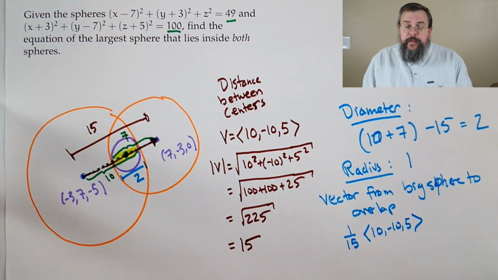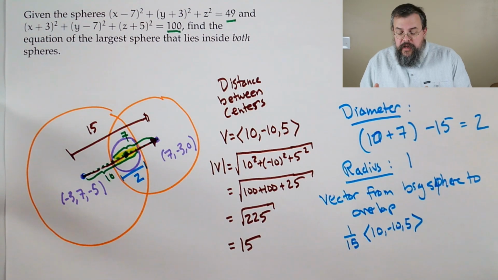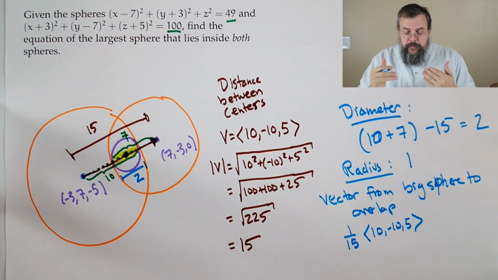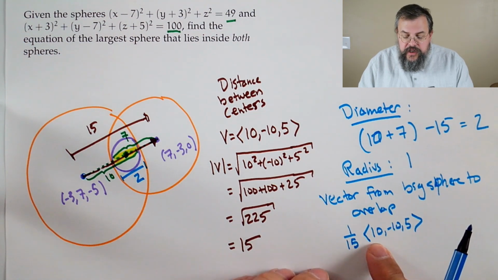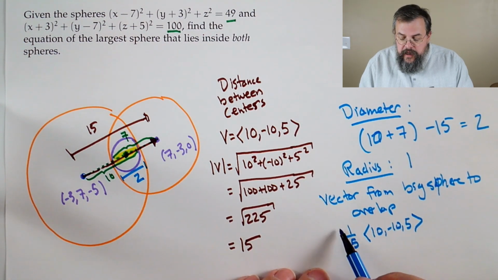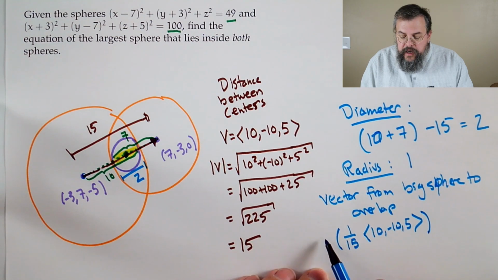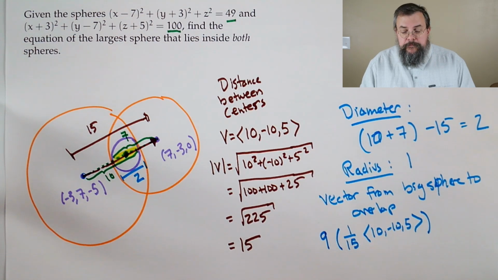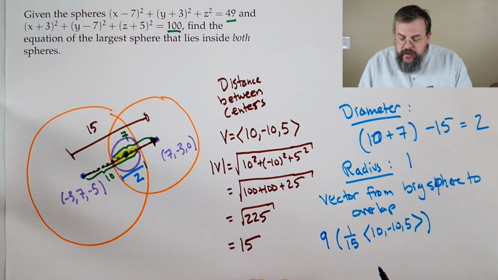The reason we scale down by its magnitude is because we want to make it a unit vector, which gives direction. Unit vectors are direction. This points in the right direction and has length 1. Now we turn around and multiply this by 9, because that's how far we need to go to get to our new center. So, well, we can simplify things.